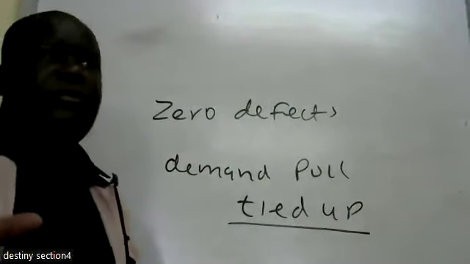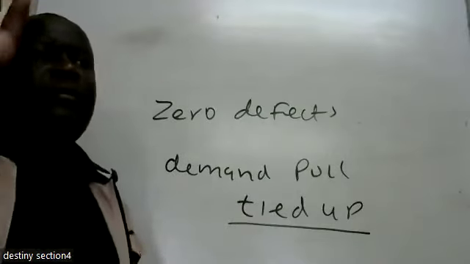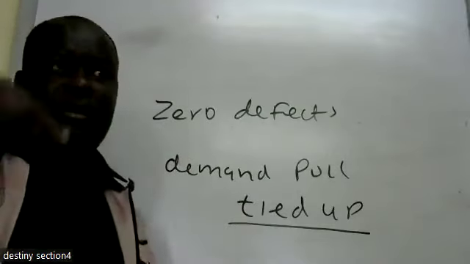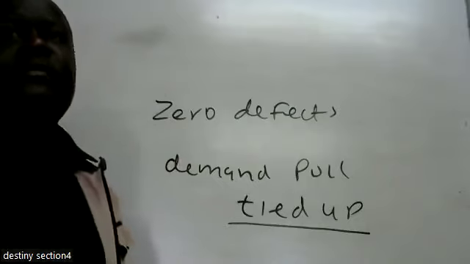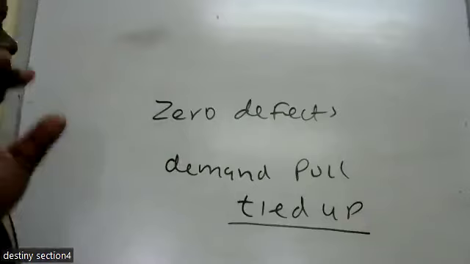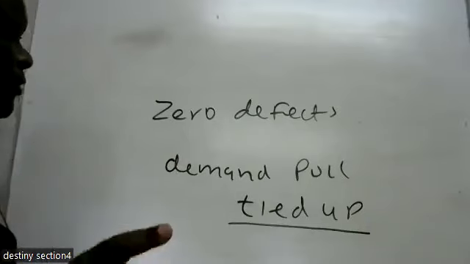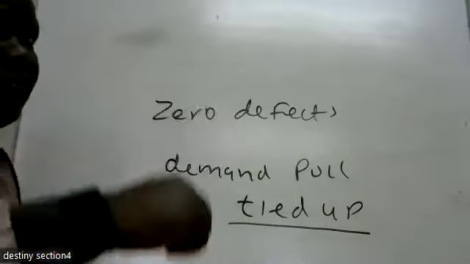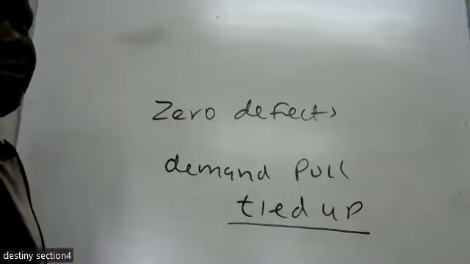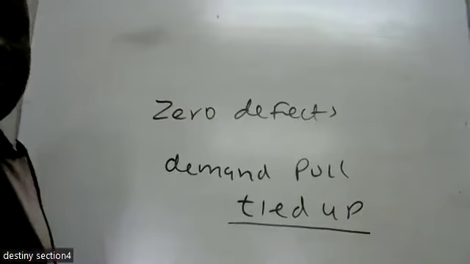So we don't keep stock in the business. We only buy stock when a customer wants a product. So we only make that product to be delivered to the customer. So we don't buy material to keep in the store. Because of that, that element of the capital that you normally keep in the store will not be there. That money can be used elsewhere.